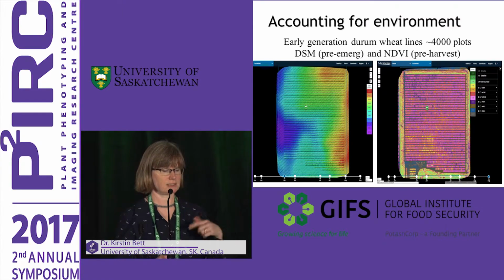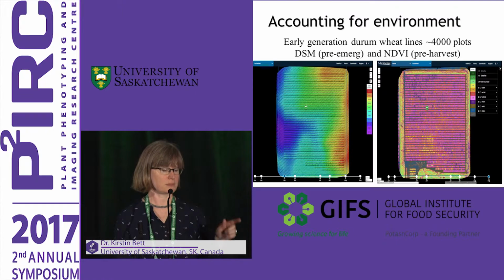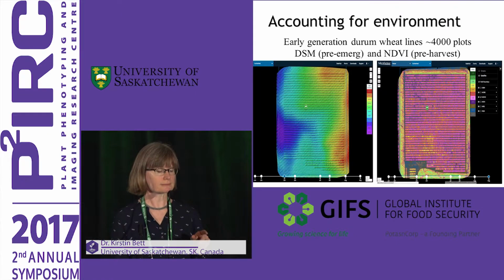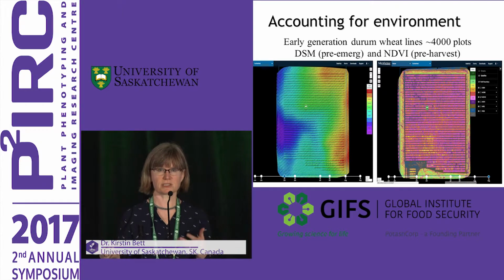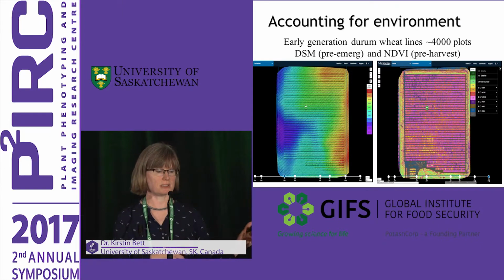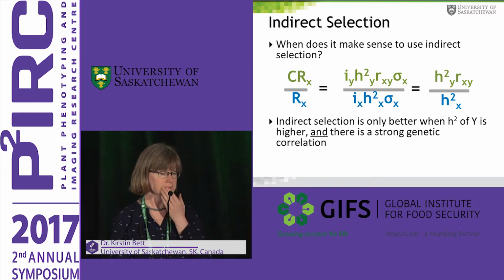And you can see that in the NDVI on the right. You can see that there's variability within those plots later on. This is just before harvest. So what does that actually mean? And if we can actually relate it to the environment, maybe we'd be better off.